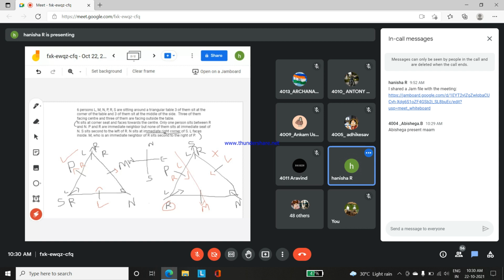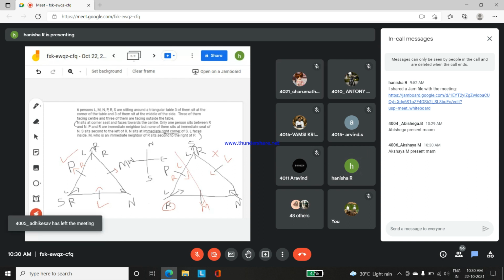Aravind, present, ma'am. Vamsi Krishna Reddy, present, ma'am. Benny Priya, absent. Charmati, present, ma'am.